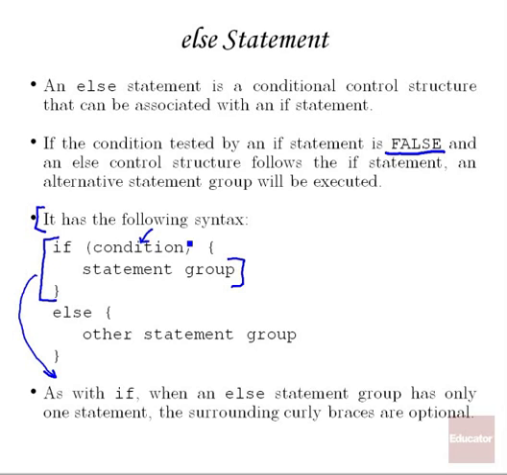However, if the condition equals false, because there's an else control structure associated with it, then whatever statements are in the else control structure statement group get executed. So every time this is false, these statements down here will get executed. And as with the if statement, if an else statement group only contains one particular statement, the curly braces around it can be omitted. They're optional.